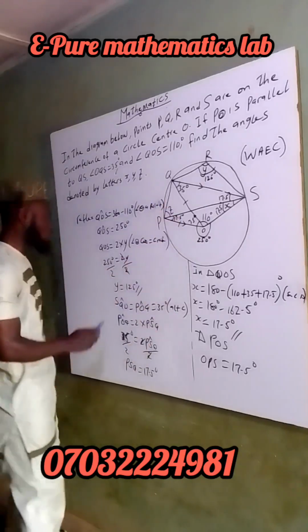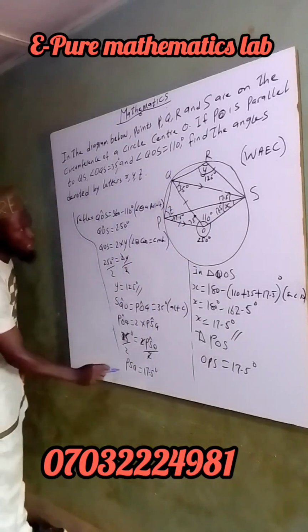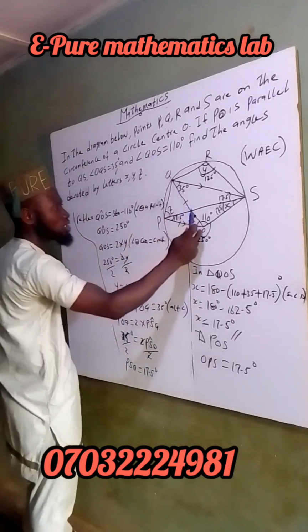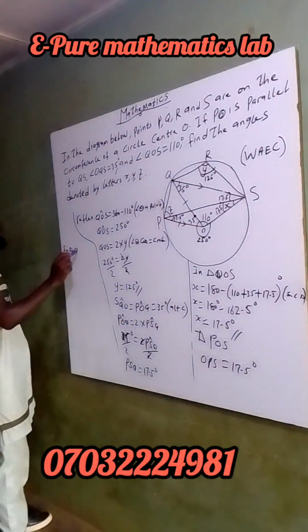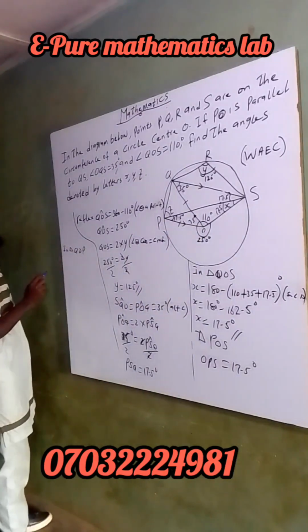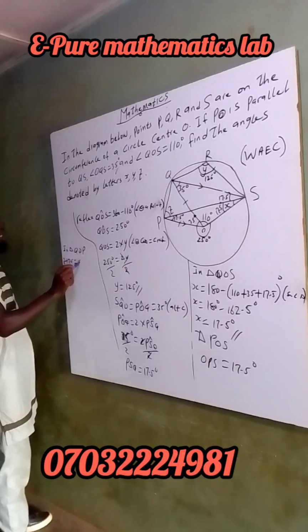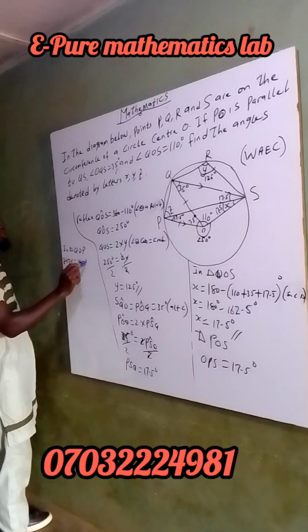So we can determine Z now. How are we going to determine Z? If you look at the diagram very well, I can say in triangle QOP, our Z plus 17.5 is equal to 180 minus 35 degrees over 2.